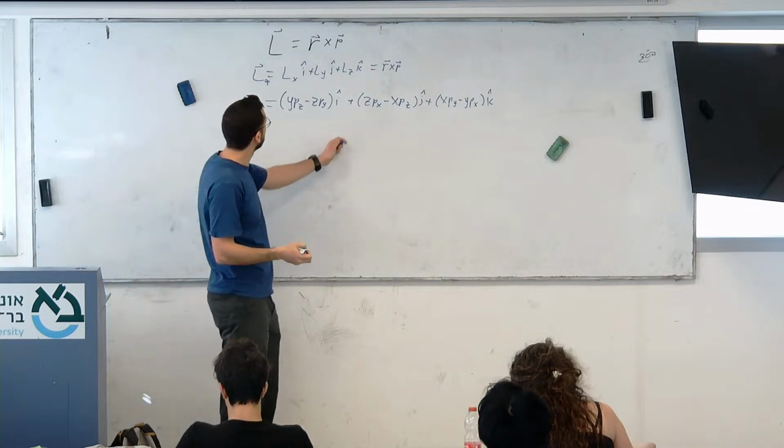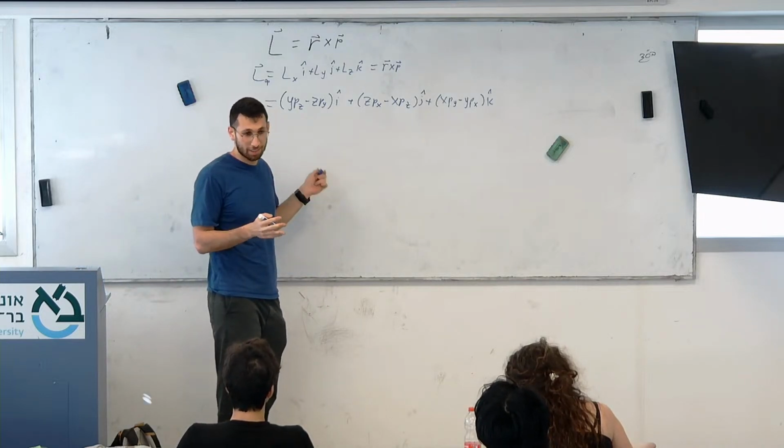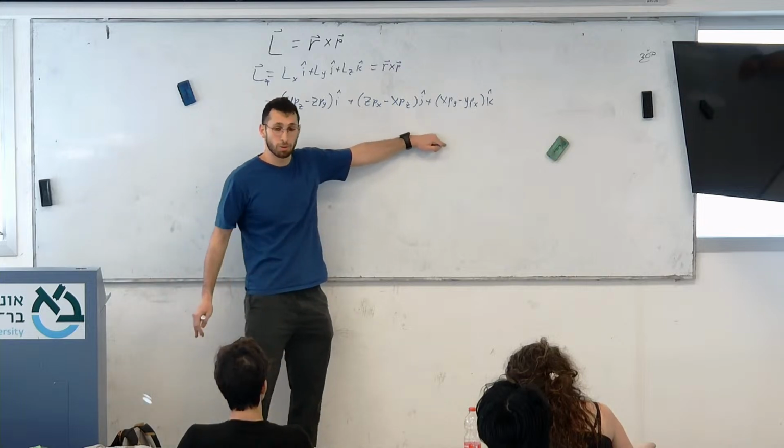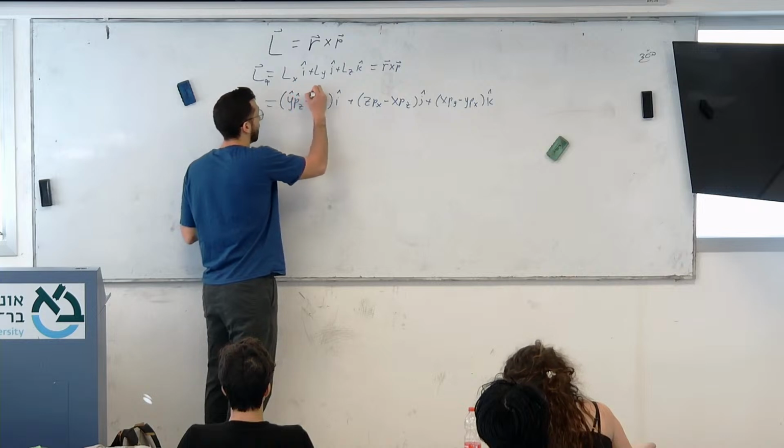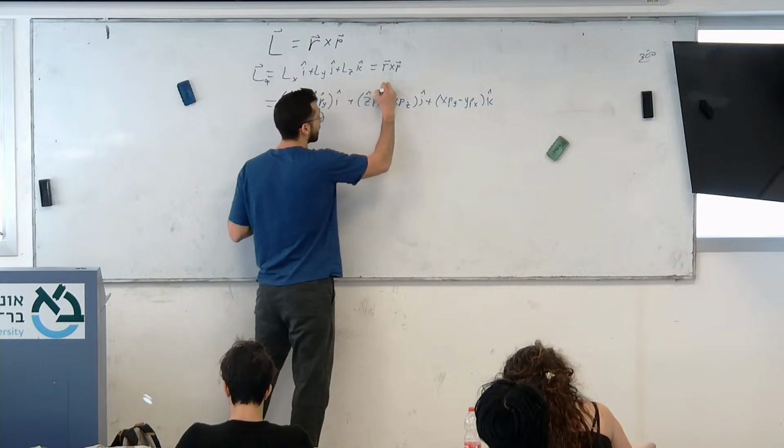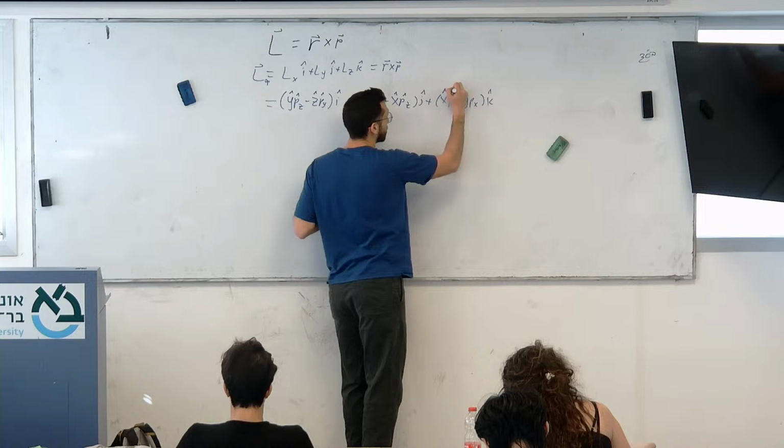So up until here, it looks exactly like the classical. This is exactly the classical solution. If I want to transition to the quantum solution, I add all the hats, and now it's a quantum solution.